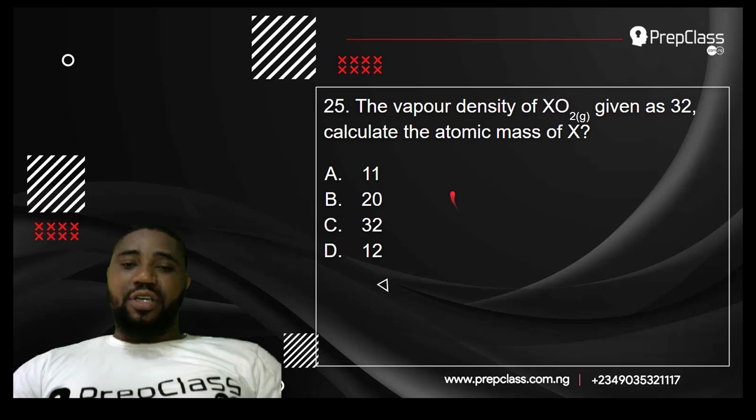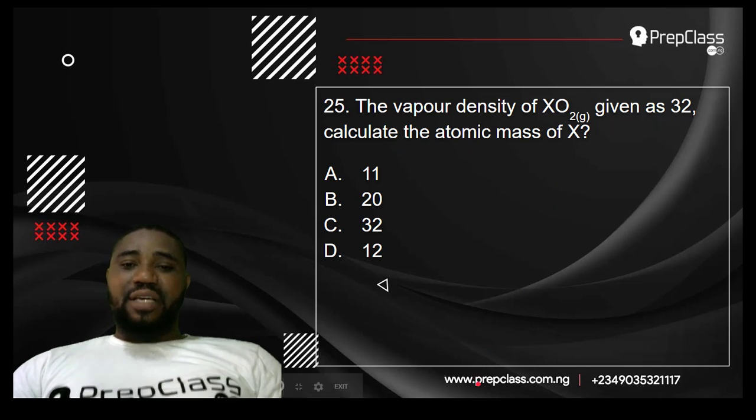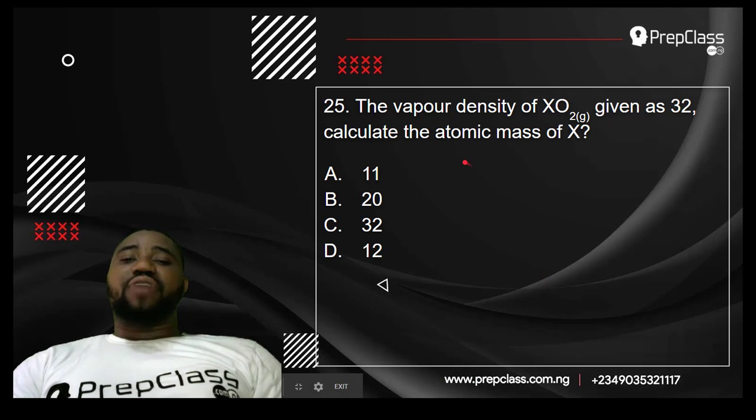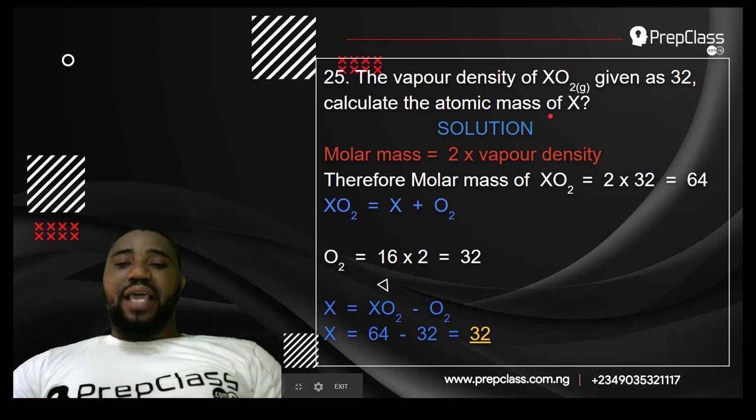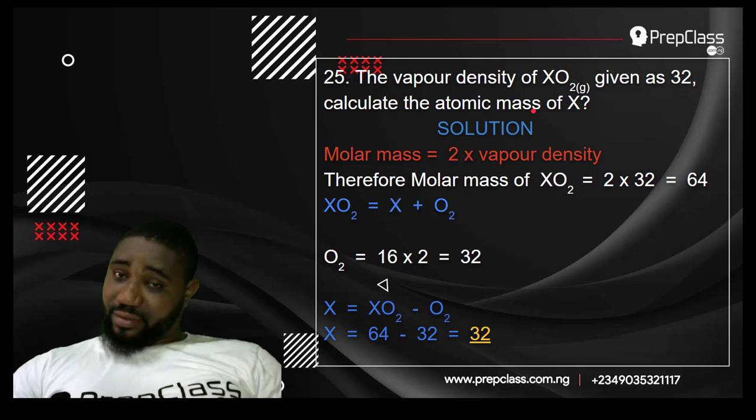Number 25. The vapor density of XO2 is given as 32. Calculate the atomic mass of X. So now they're asking you to find the atomic mass of this element X. So the formula is: molar mass or atomic mass is the same thing.